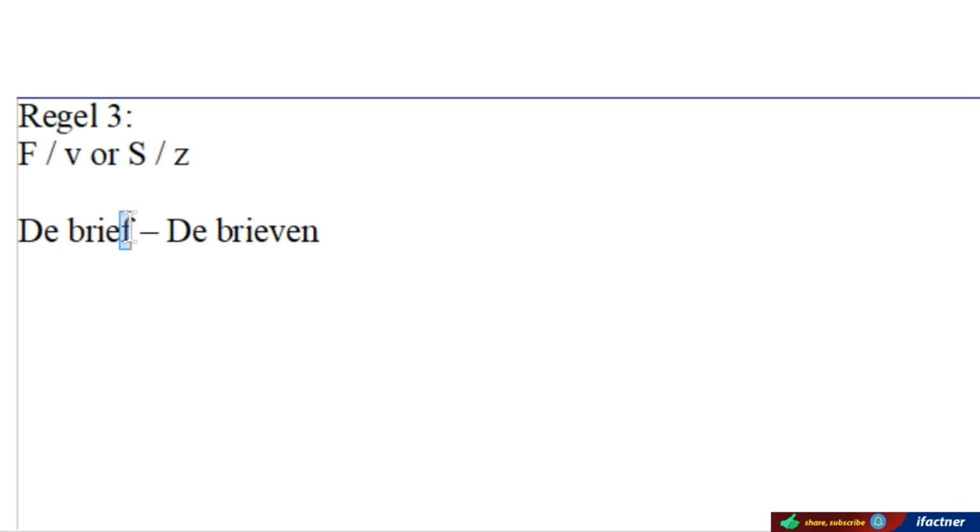So F is replaced by V. Similarly, huis becomes huizen with Z.